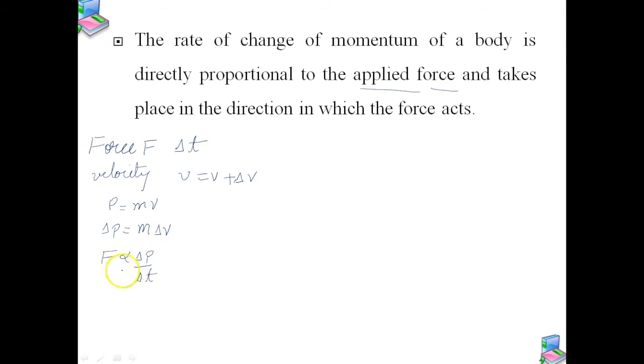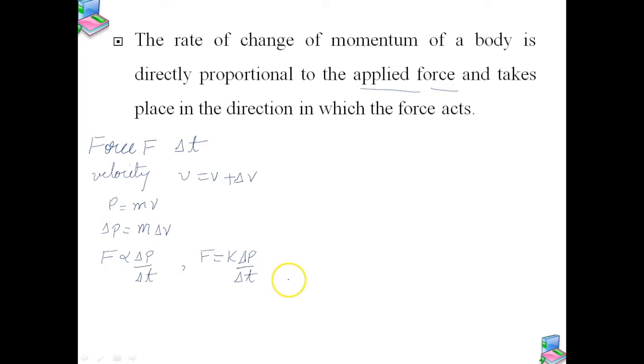When we change this proportionality into an equality, we get a constant, that is F is equal to k into delta p by delta t, where k is the constant of proportionality.